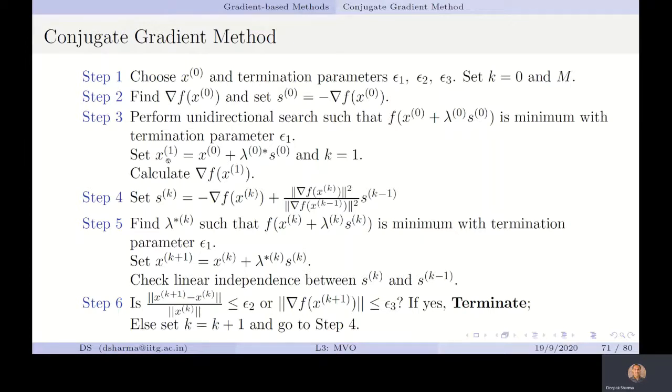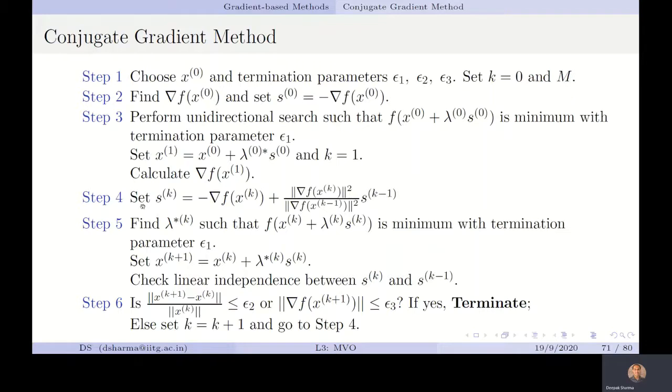So here you can see x1 is equal to x0 plus lambda star, an optimal value we found using a single variable optimization method, multiplied with S0. Till now, we take k equals 1, meaning the first iteration is already over. And then we calculate the gradient of the function.